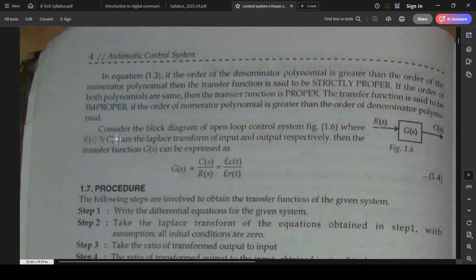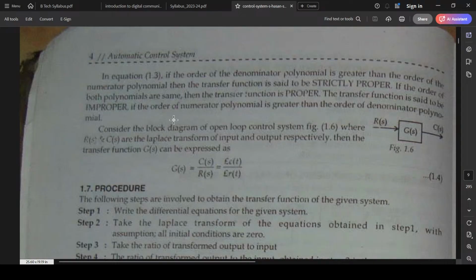For strictly proper, it should be less than the denominator order. And for proper, it should be equal. And for improper, the numerator order is greater than the denominator order.